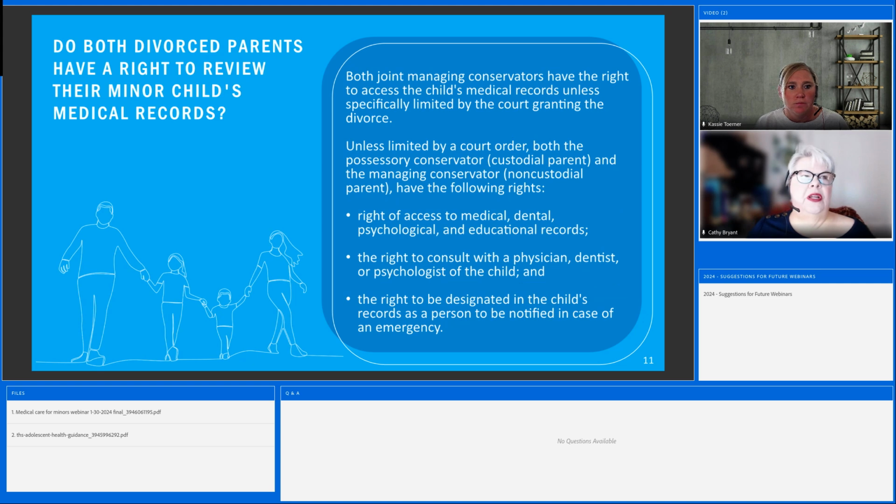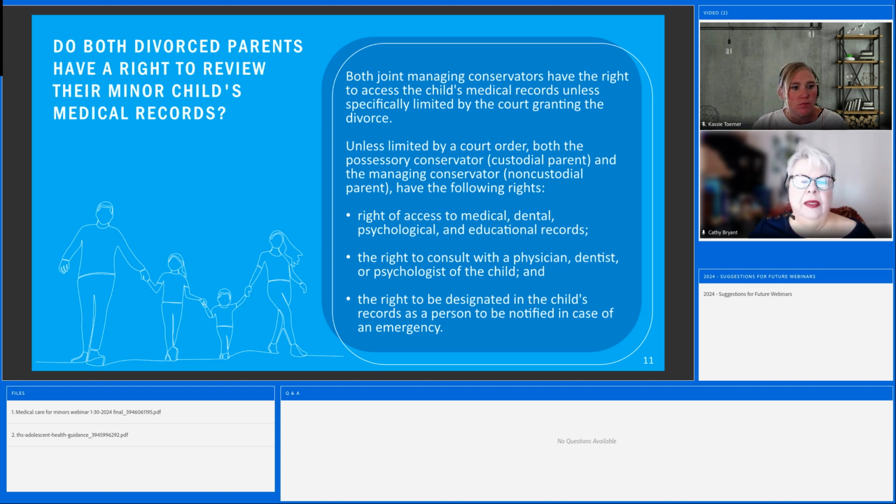So this is another one of those hot topics that, goodness, we've been getting questions about this as long as I've been associated with TMLT's risk management department. And that has to do with the treatment of children whose parents are divorced. This first part is about who has the right to review their minor child's medical records.